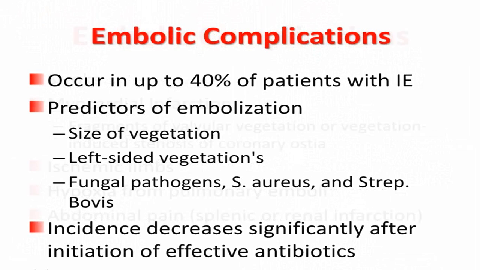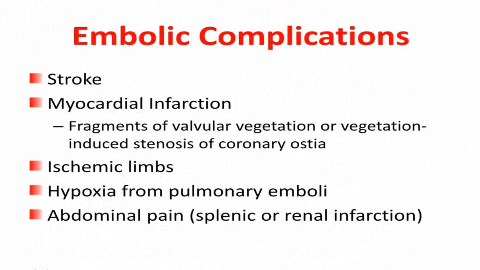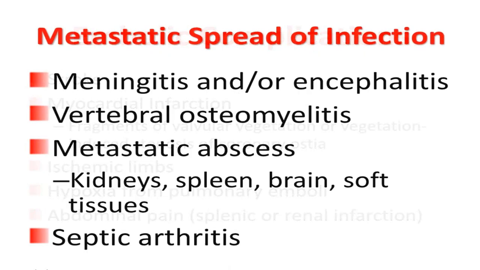These are the embolic complications: stroke, myocardial infarction, ischemic limb, pulmonary embolization, septic embolization in spleen and renal, metastatic spread into brain producing meningitis, brain abscess, encephalitis, osteomyelitis, kidney, spleen, soft tissue, and joints.